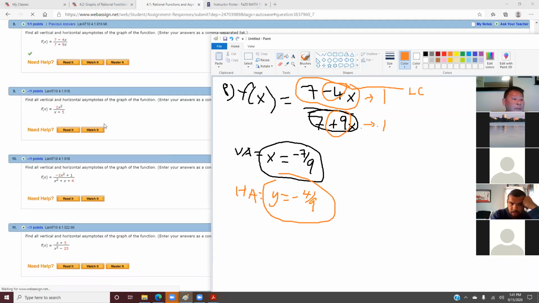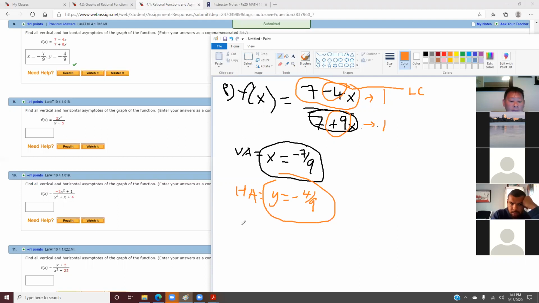So next is number 9. I'll just do question 9 here. Again, in question 9, there is no common factor. The vertical asymptote is very easy to find, because you make this equal to 0. So you will get x equals -5. But if you look at the power, the top one is power 2 and the bottom one is power 1.